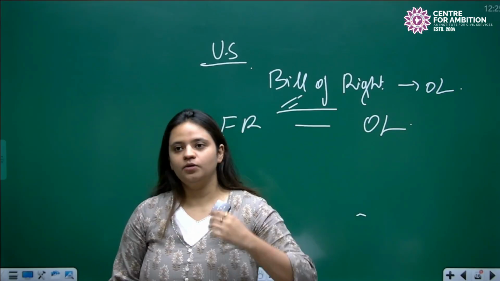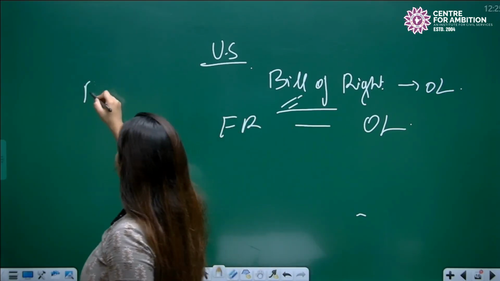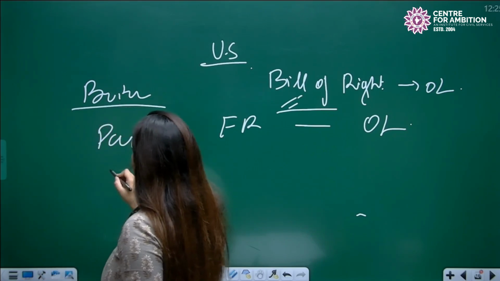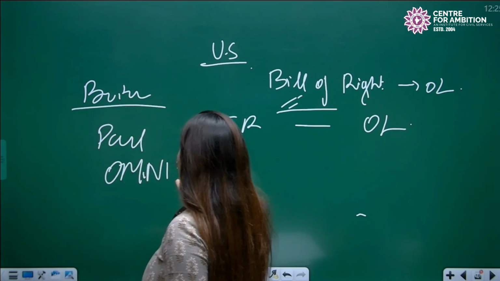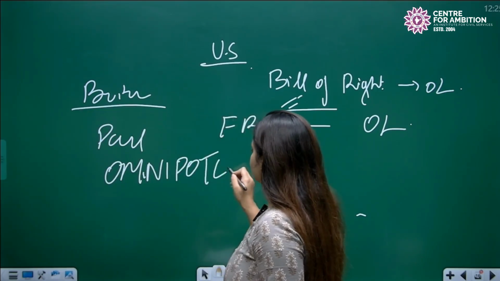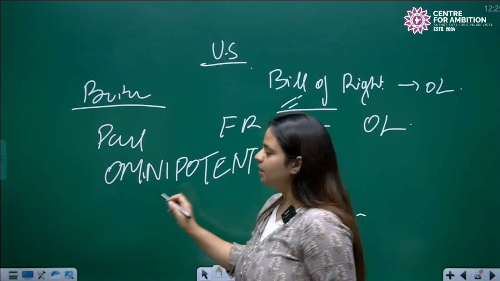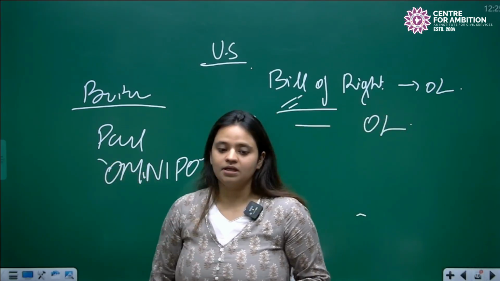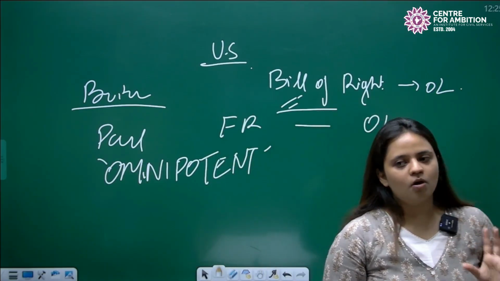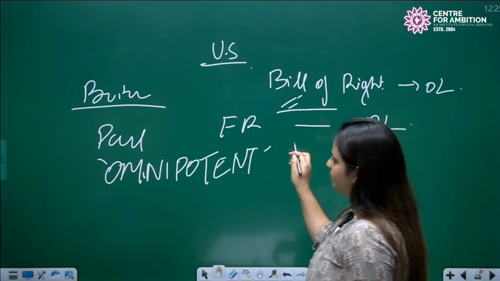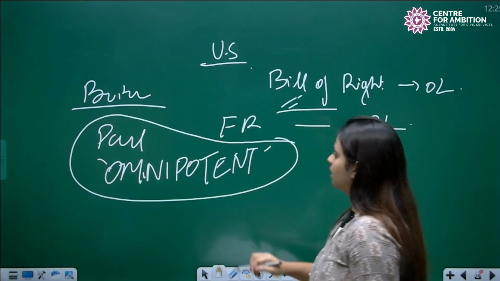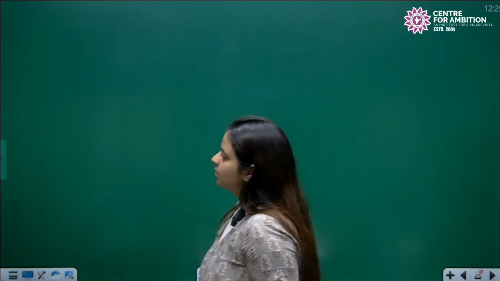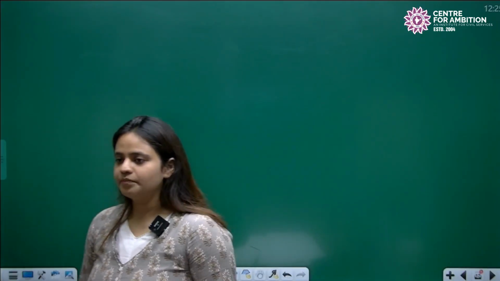One thing I want to make you clear with is that कि in Britain ब्रिटेन में जो Parliament है is omnipresent, ठीक है, it's omnipotent. ब्रिटेन की Parliament is omnipotent. Omnipotent means it has supremacy, it has a lot of supremacy, ठीक है. तो ब्रिटेन में we see parliamentary supremacy, ठीक है.